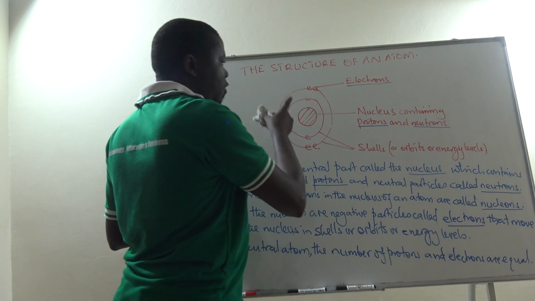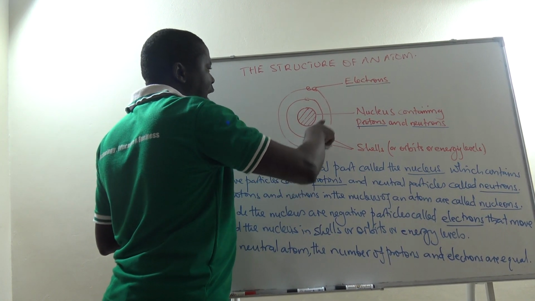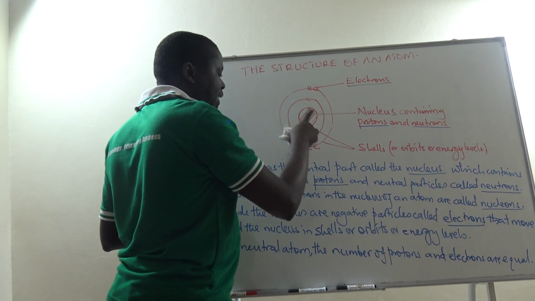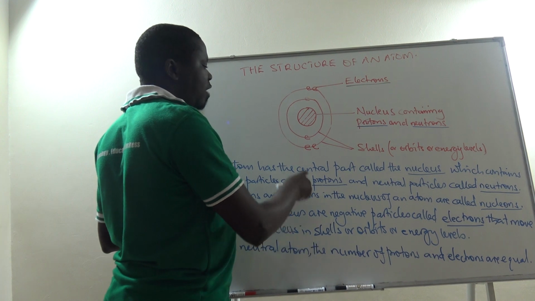So I hope that you are conversant with the structure of an atom, how it looks in this case diagrammatically, and then this is the word description of the structure of an atom.